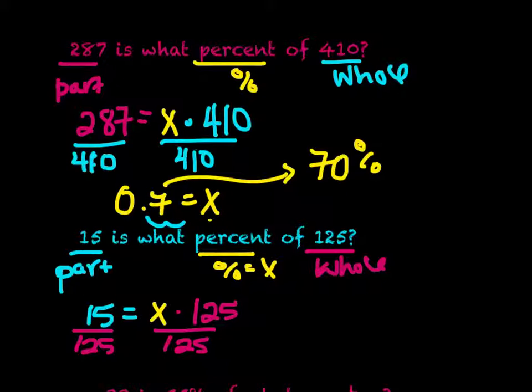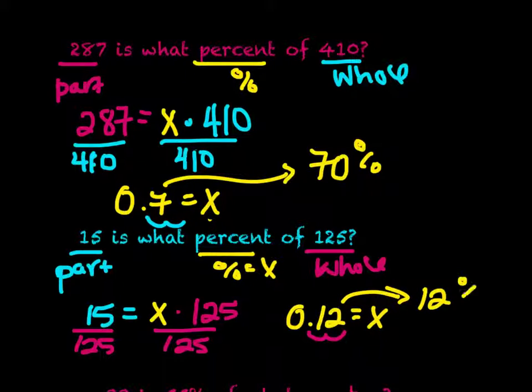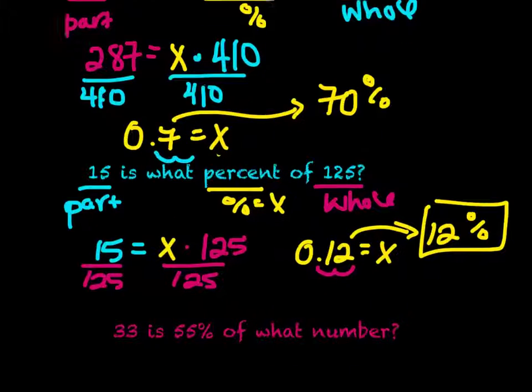So 15 divided by 125, we end up getting 0.12, which is our percent, which we can rewrite by moving the decimal point over 2 places, and we get 12%. So 15 is 12% of 125.